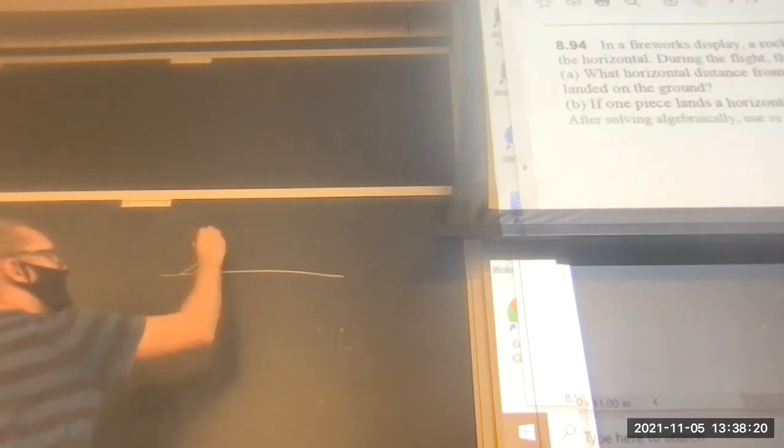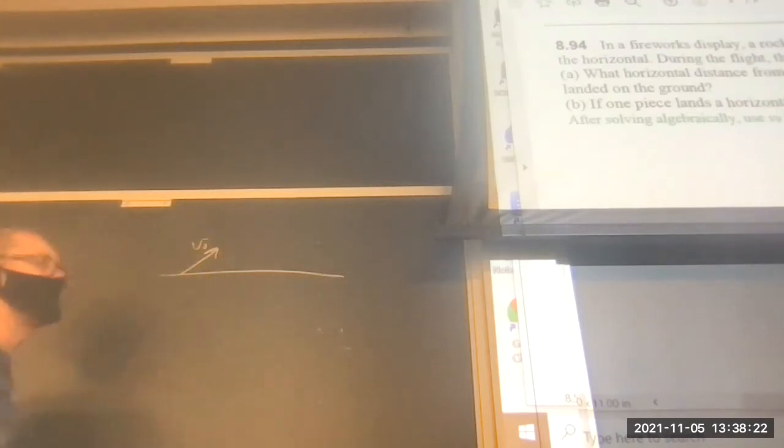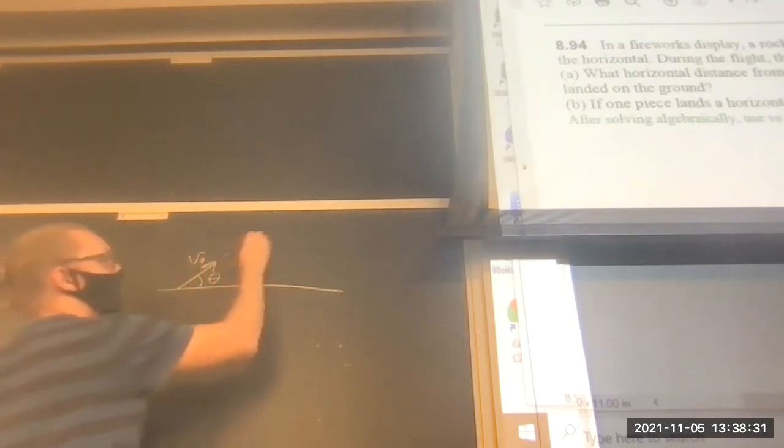Good, so it's a projectile. How do we analyze projectile motion? Kinematics. Great. So this is a projectile motion where we have something going off at some initial speed. We have theta. So what's the path of the projectile look like? Good.